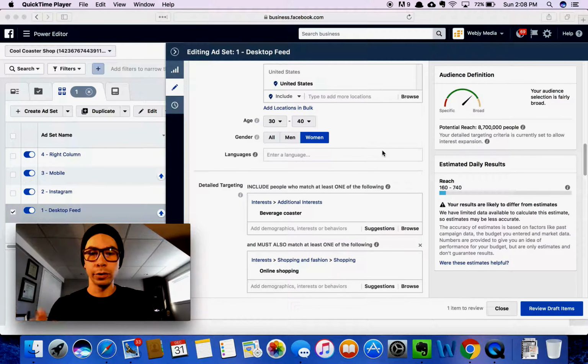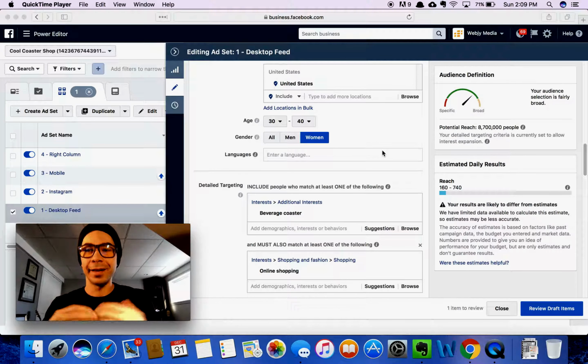So again, when you're trying to determine the ideal audience size that you should be targeting, first of all, think about what your objective is. If your objective is something like a sale or a lead, you need to get more precise. If you are looking to target a very niche audience, such as people who like yo-yos, very precise, then you should be narrowing down your target.